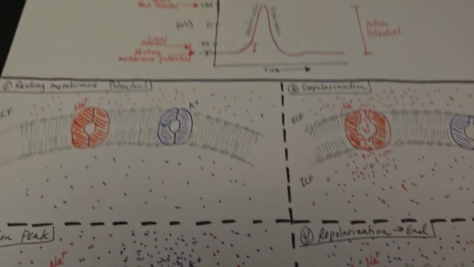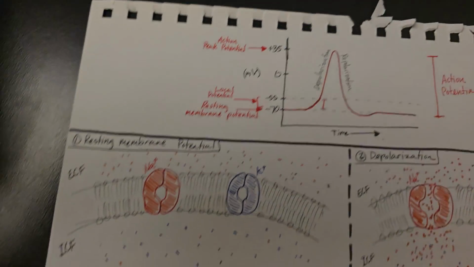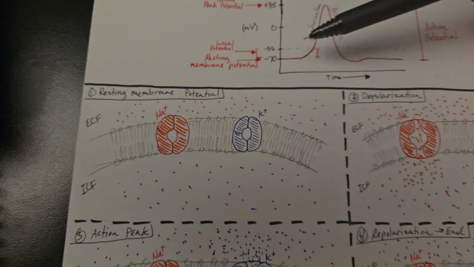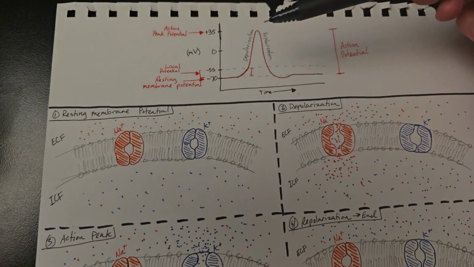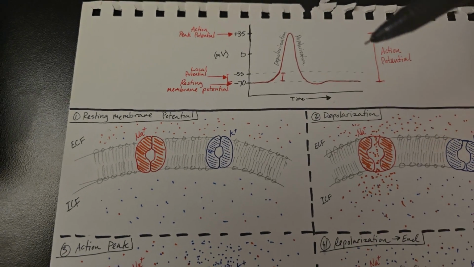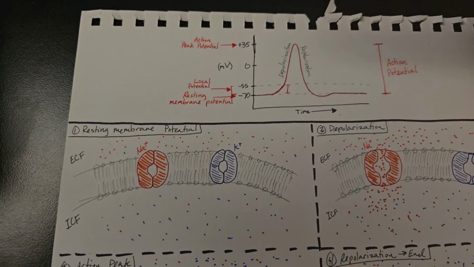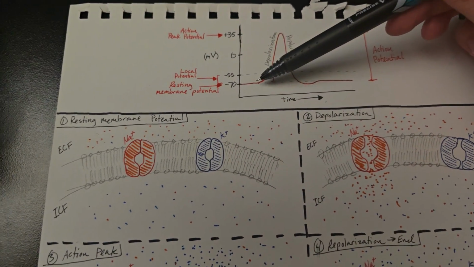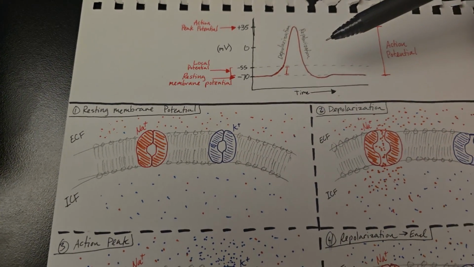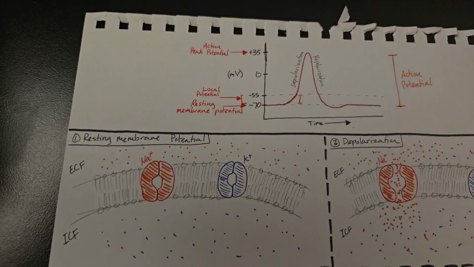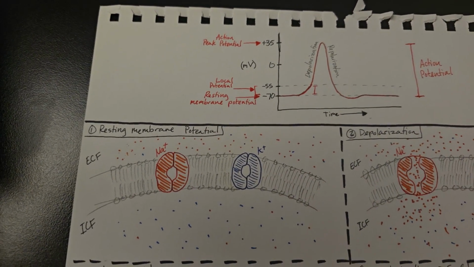So, starting off, we'll start with the resting membrane potential, which is the actual value of the electrical potential of the plasma membrane, and that means it's ready to send a signal down the axon hillock of the axon in the neurons.